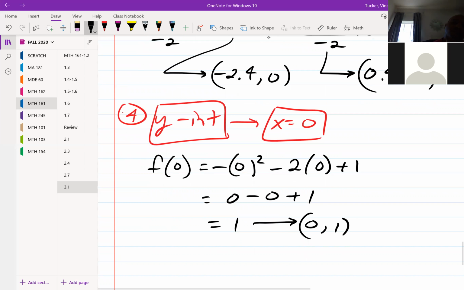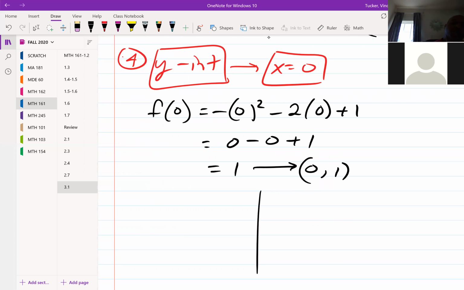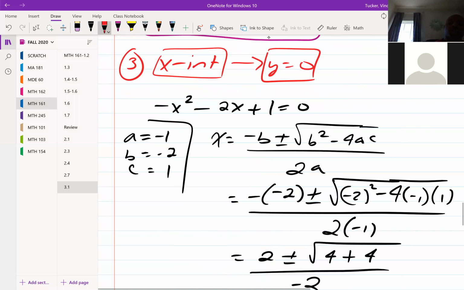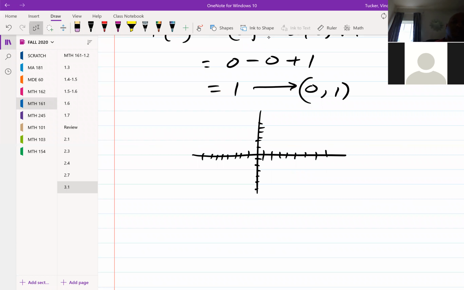All right, so we can go ahead and graph now. We know it's going to open downward. The vertex is negative 1, 2: left 1, up 2.